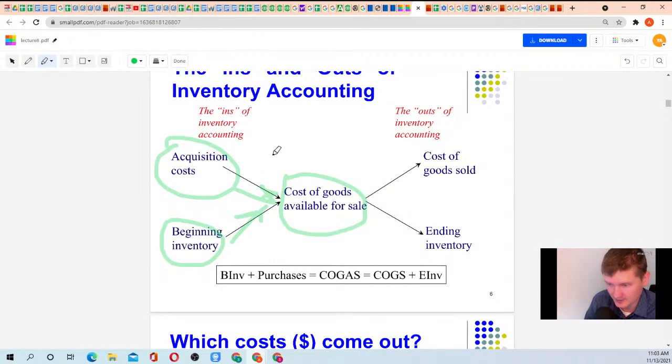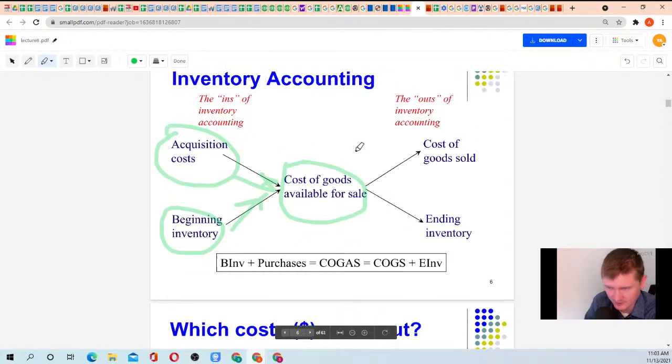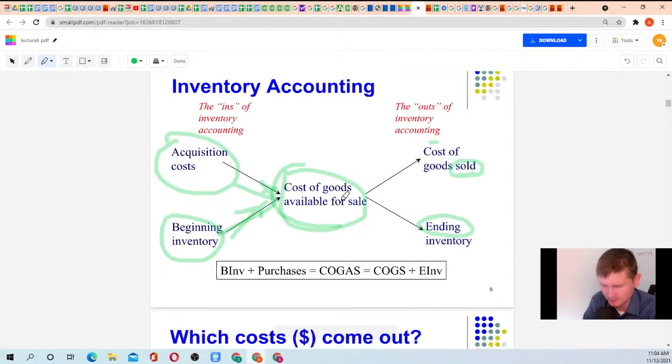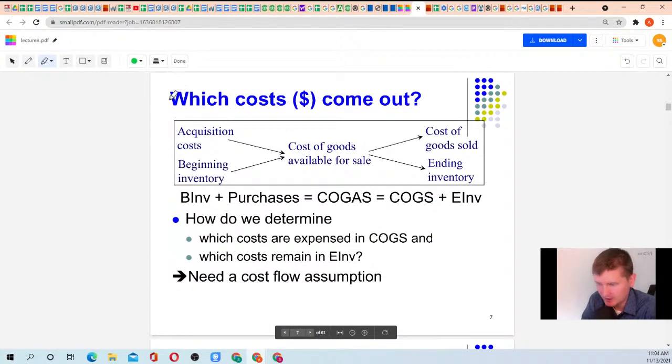As you see, within one month we accumulated beginning inventory and acquired inventory, calculated what we have on hand, and then allocated that to what we sold and to what we have at the end. The question is, how do we value what we have in the ending inventory and what we sold?